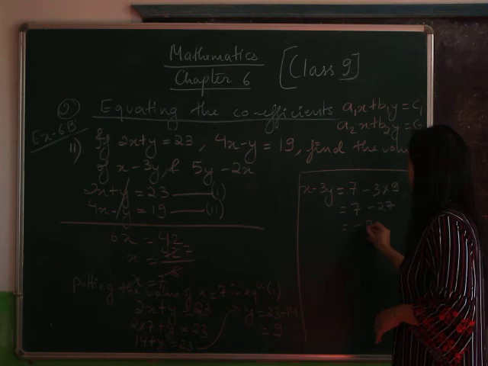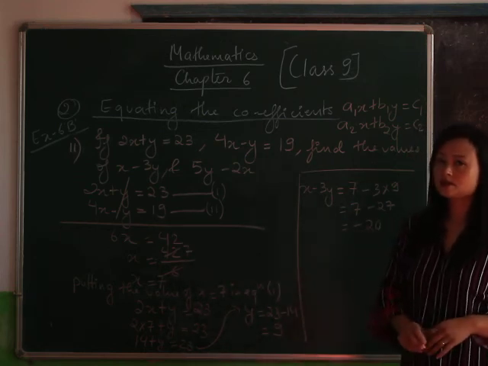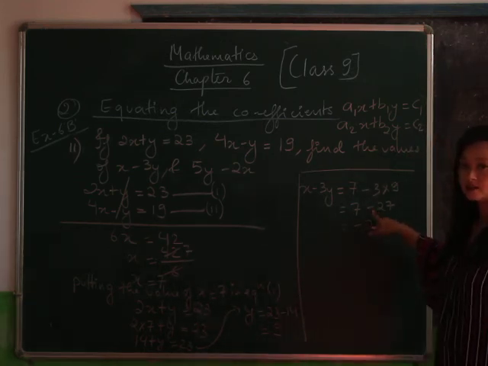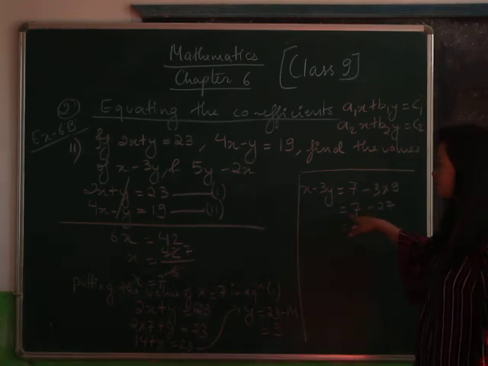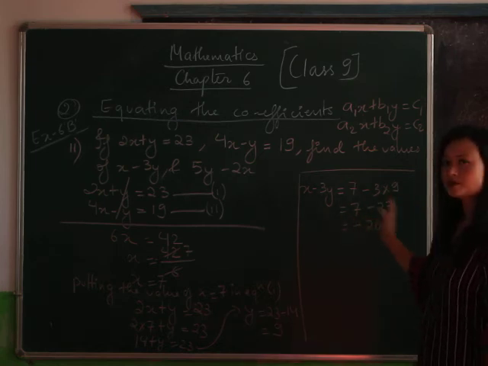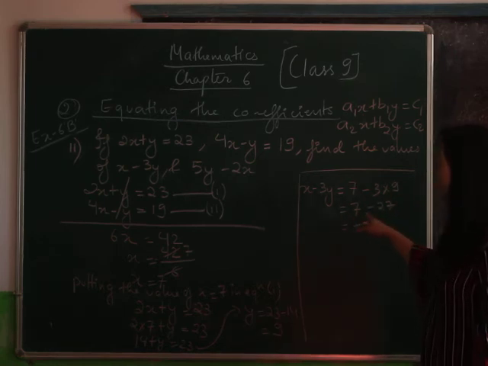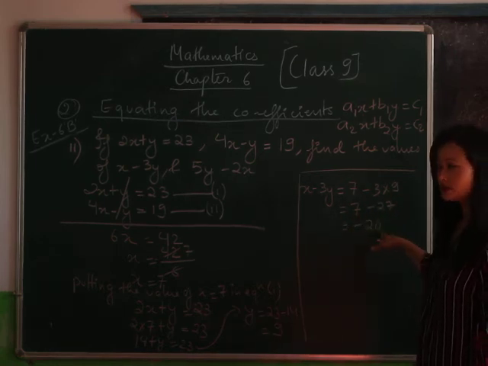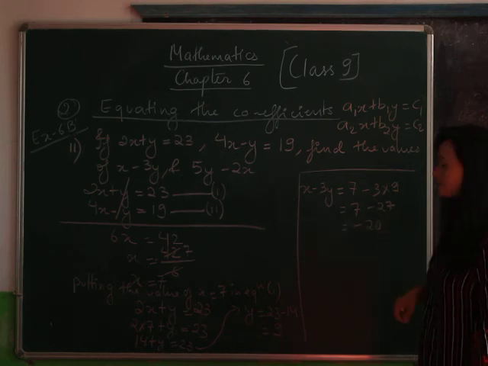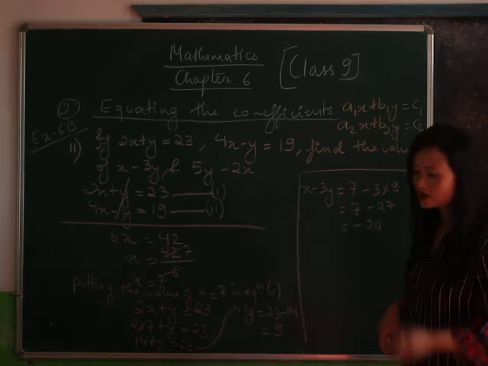What do we get as the answer? Minus 20. If you have negative and positive, you need to subtract them. When you do the subtraction, 27 minus 7 would be 20, and we use the sign of the bigger number, that's why we have minus 20.